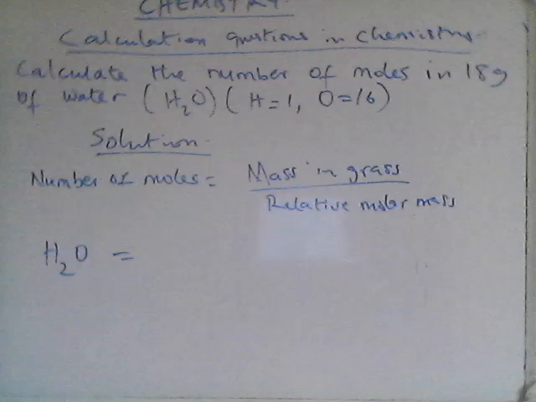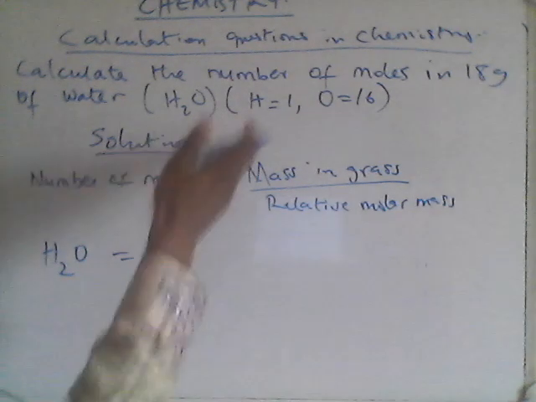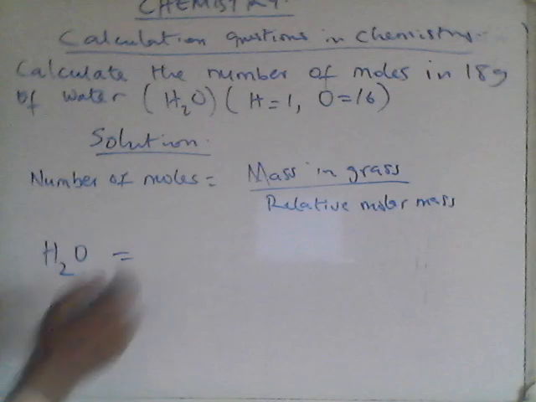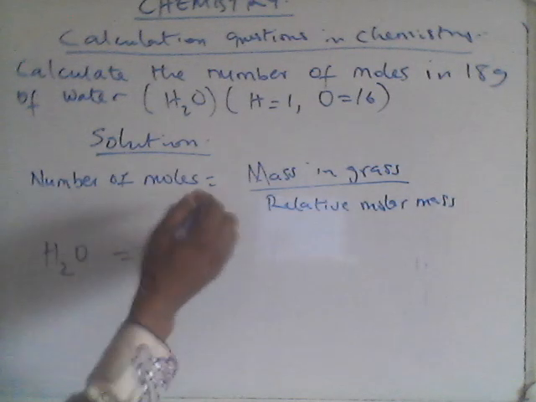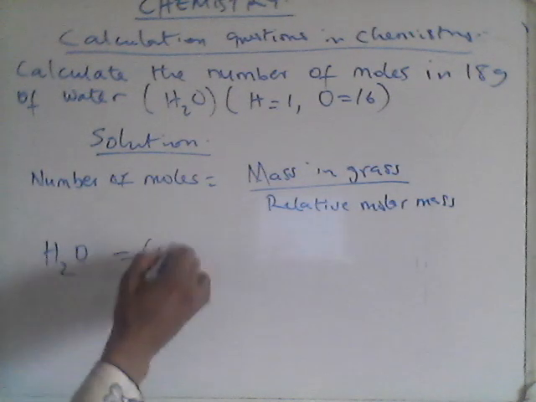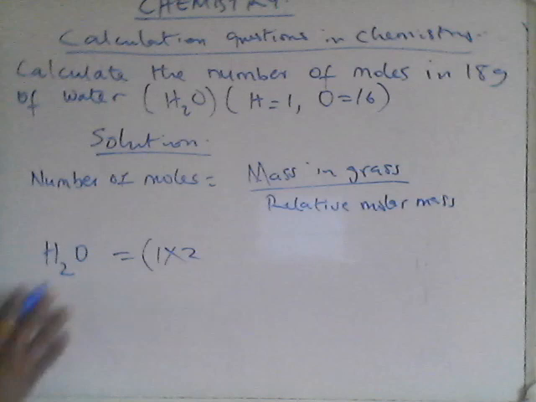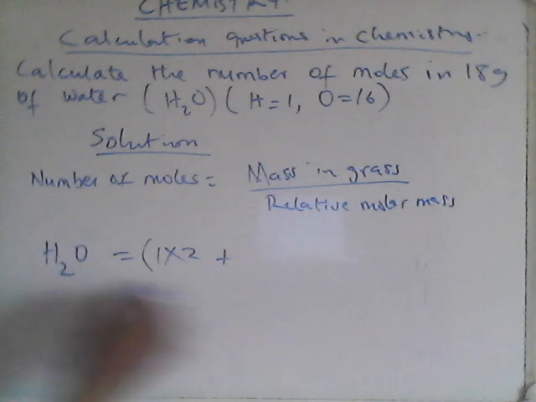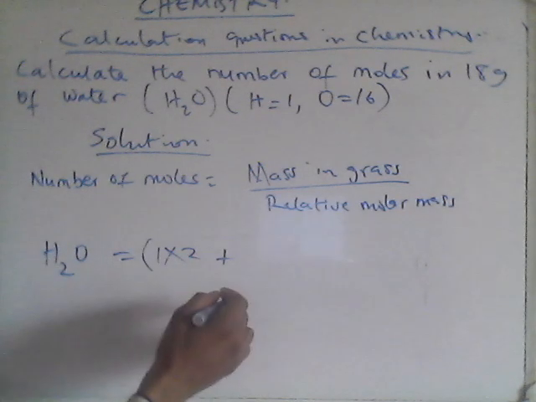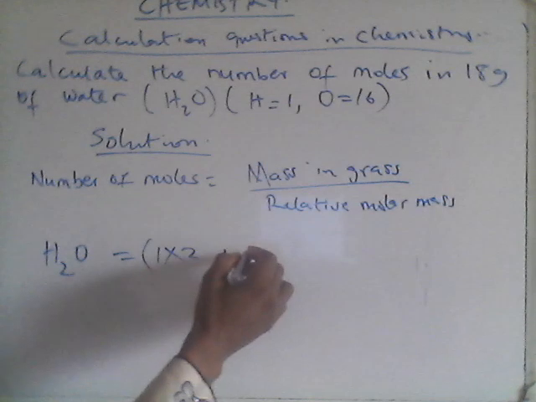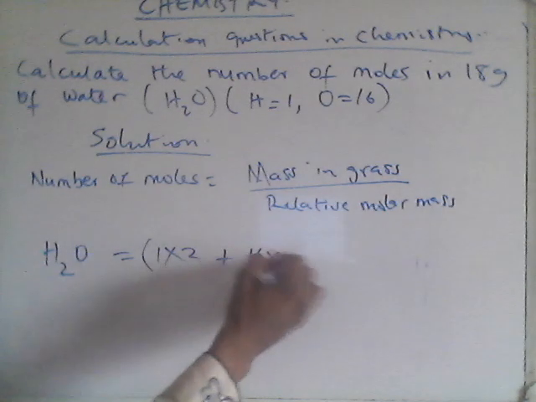It's always going to be given. For all the elements that form the compound, the molar mass will be given. So I will say the molar mass of hydrogen is 1 times 2, then plus oxygen, which has 1 atom, times 16. So 16 times 1.